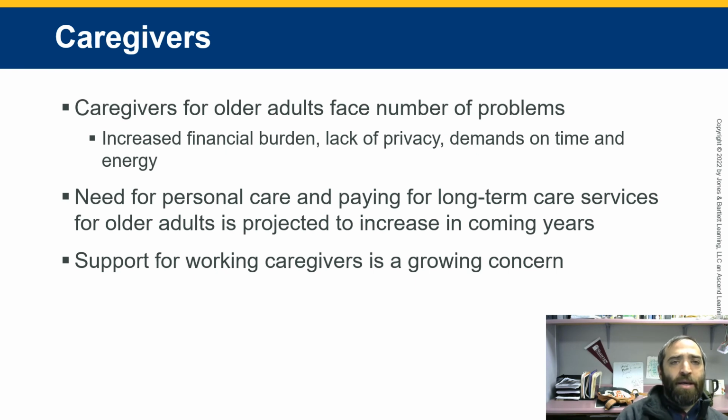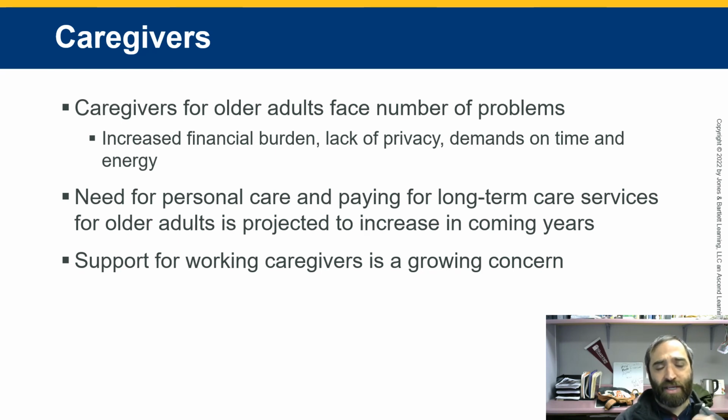Caregivers. People who are caring for older adults face a number of problems. Oftentimes, the caregiver of the older adult is a female child. They're oftentimes the ones that play this role. There's increased financial burden in two ways, really.